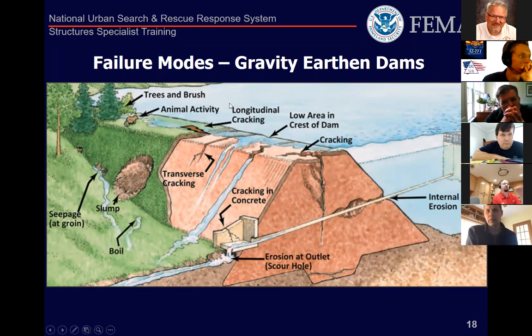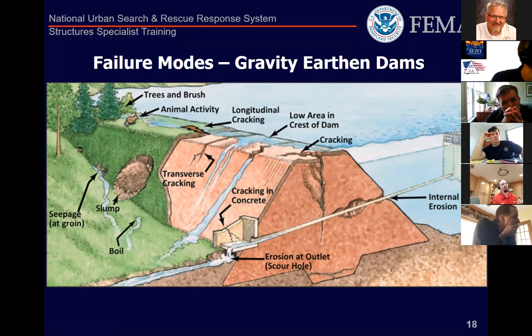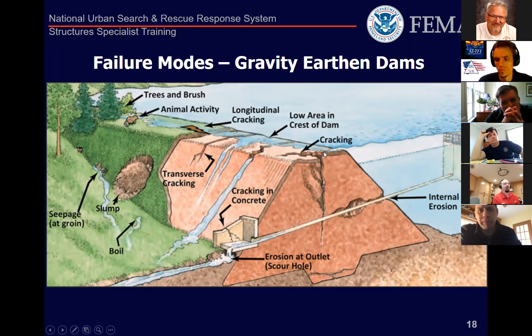We have longitudinal cracking. That's cracking that runs parallel to the dam. We have low areas or low spots in the crest of the dam where if the pool were to come up, we would have less freeboard than other areas, so we could overtop the dam.